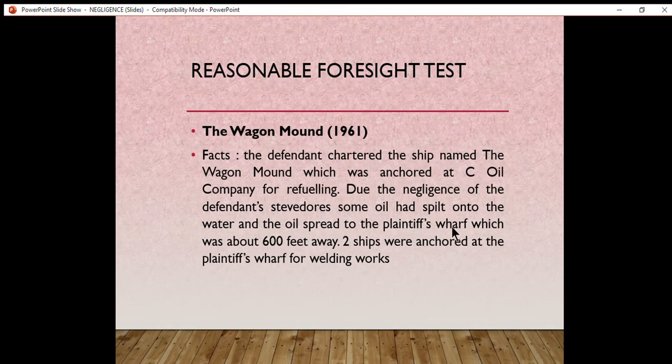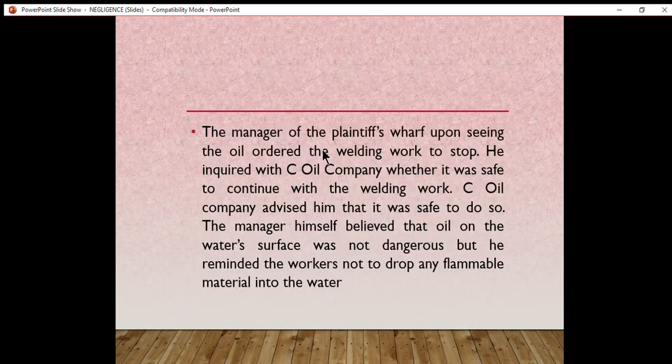Two ships were anchored at the plaintiff's wharf for welding works. The manager of the plaintiff's wharf, upon seeing the oil, ordered the welding work to stop. He inquired with the Sea Oil Company whether it was safe to continue with the welding work, and Sea Oil Company advised him that it was safe to do so.